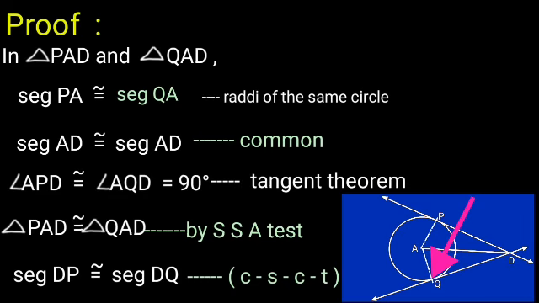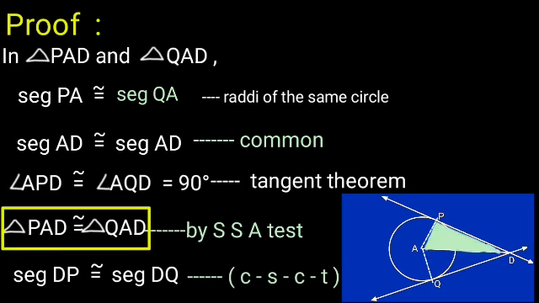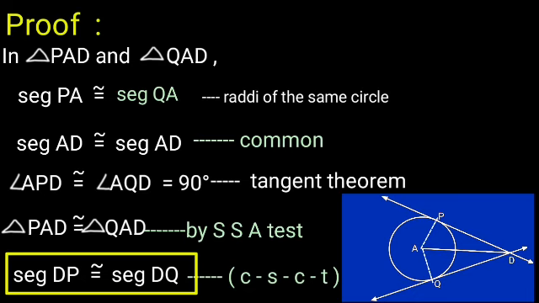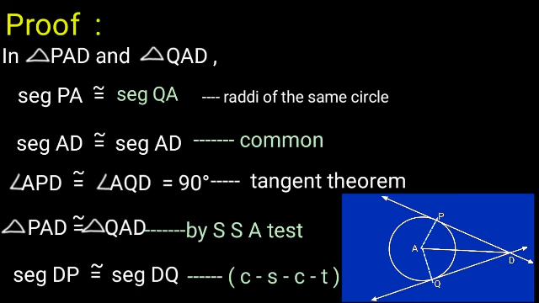Hence, triangle PAD is congruent to triangle QAD by the SSA test. Segment DP is congruent to segment DQ. The reason is corresponding sides of congruent triangles.